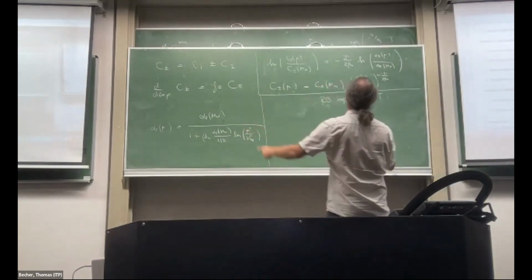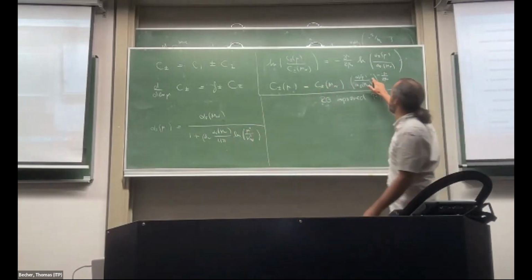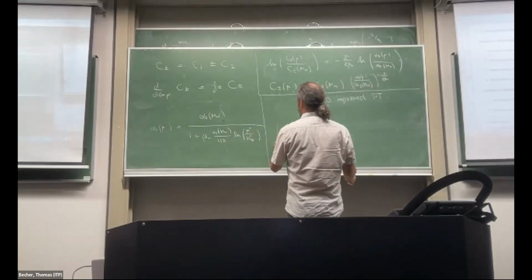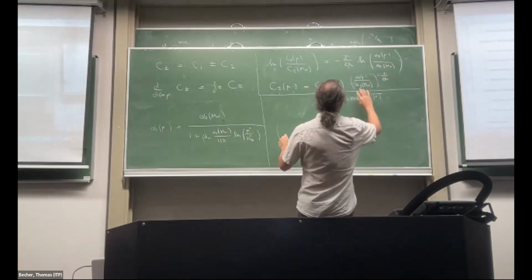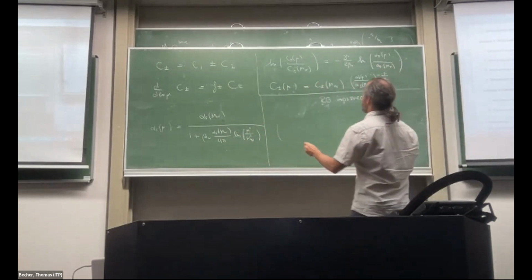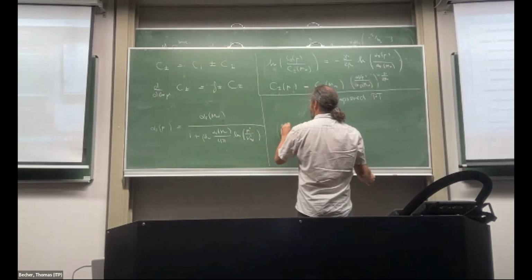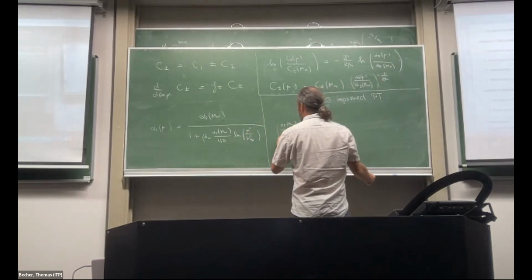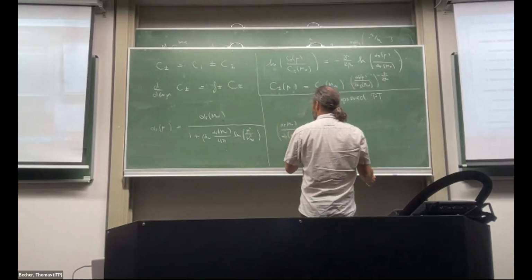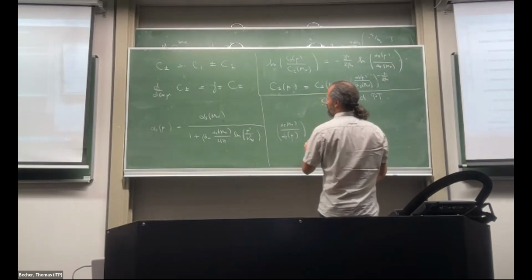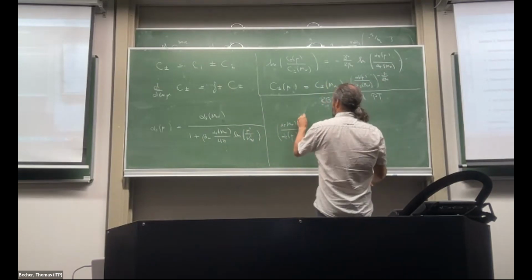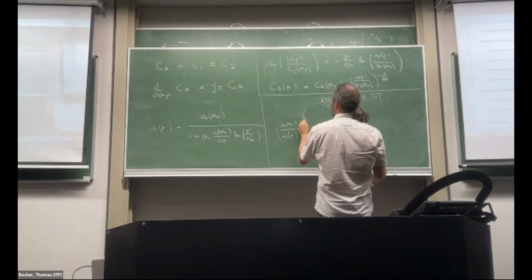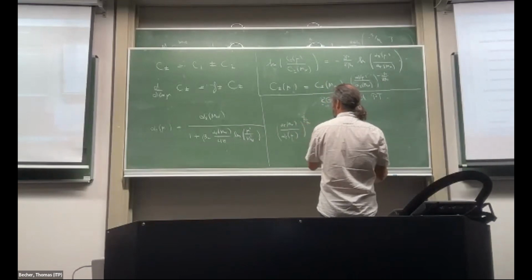So let me plug this alpha s into this formula here. Then I will get, we do the inverse here, so alpha s at w over alpha s at mu times gamma 0 over 2 beta 0.